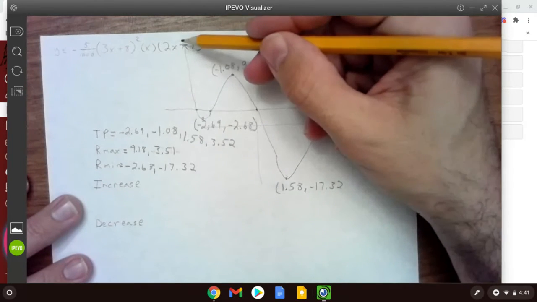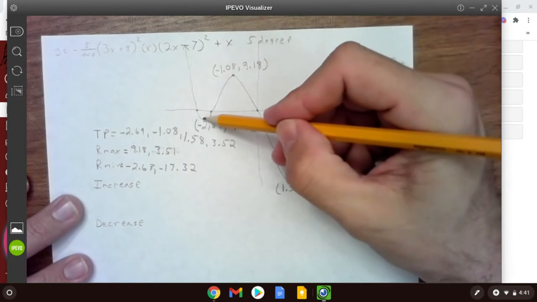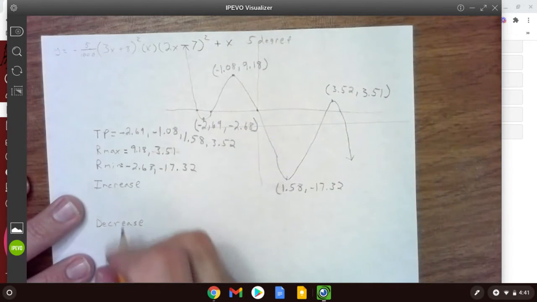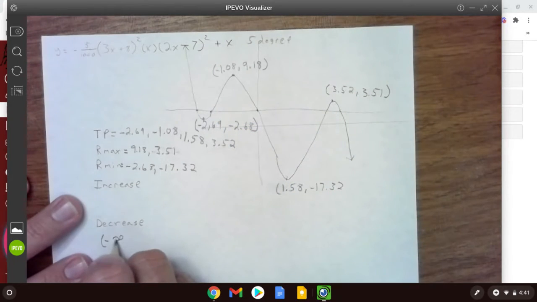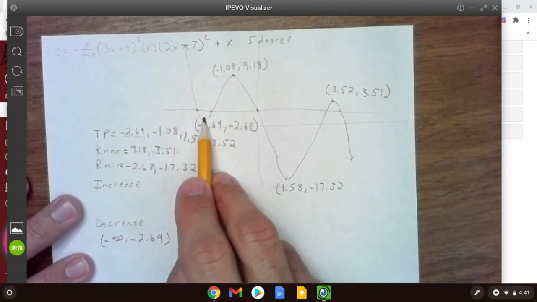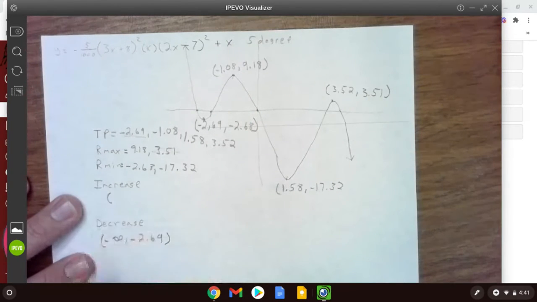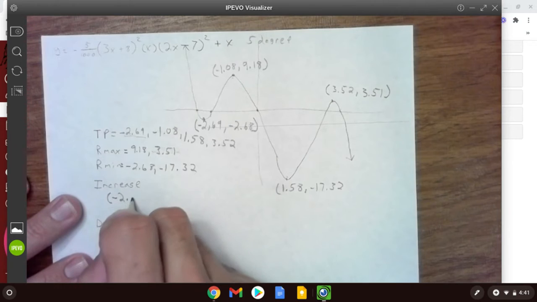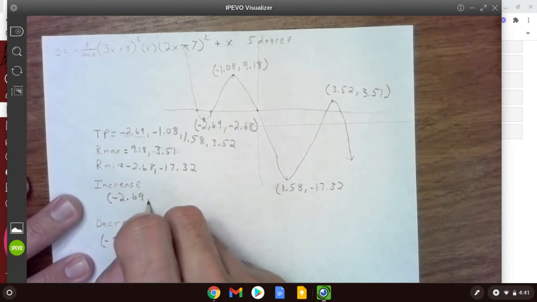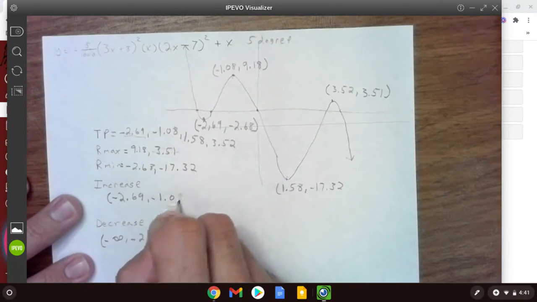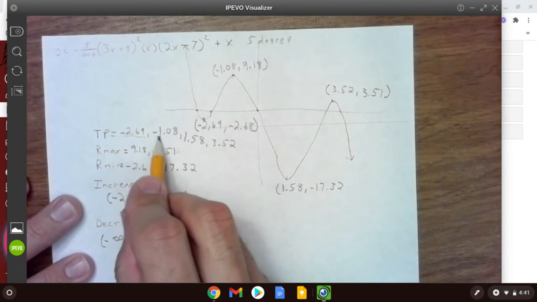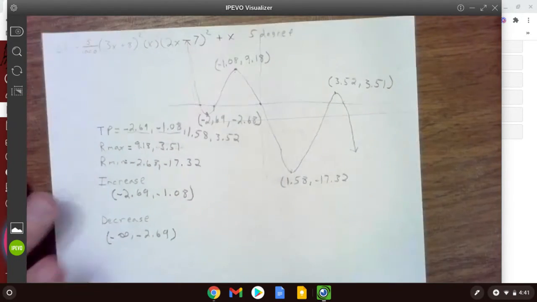It decreases from negative infinity to that x value, negative 2.69. Negative infinity to negative 2.69. And then it is increasing from negative 2.69 to that x value. So it's increasing on negative 2.69 to negative 1.08, which is that turning point. Notice these are just going to go in order.